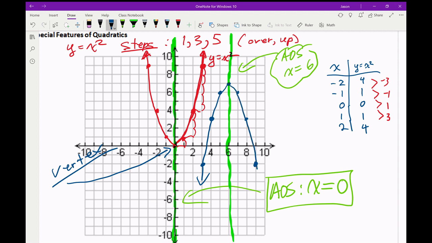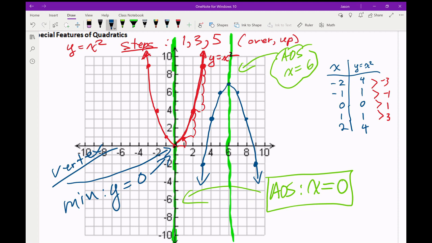So the steps for a negative parabola are going to be -1, -3, -5. Now, here's the best part. We'll talk about this later as we go into graphing these things, right? Now, if I was looking at the first graph, the red graph here, what this graph has for me is it has a minimum or a maximum. In this case, we say this one here has a minimum of y is equal to 0.